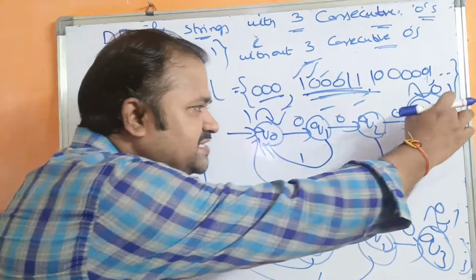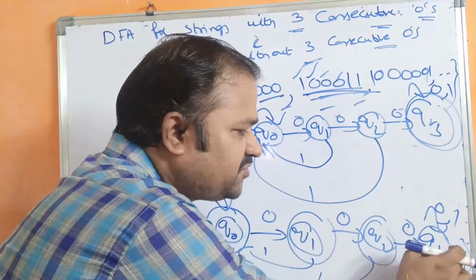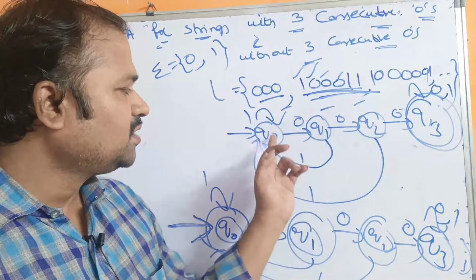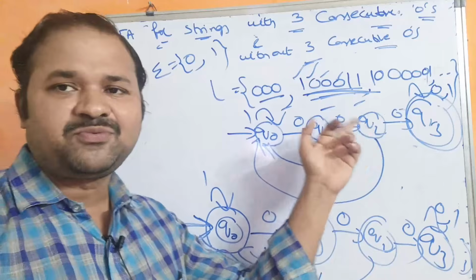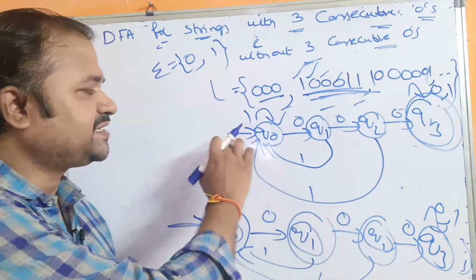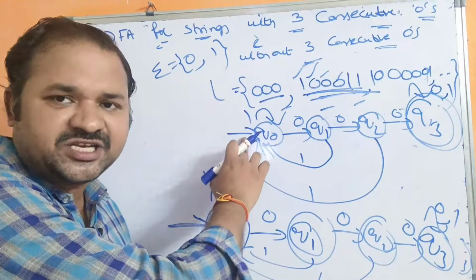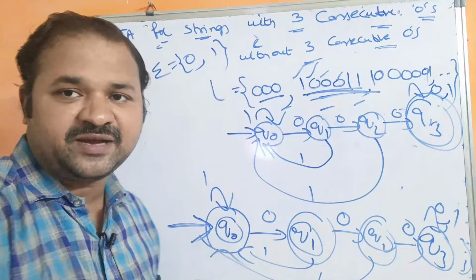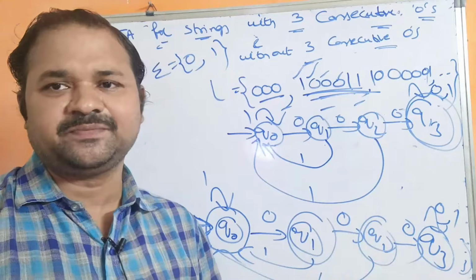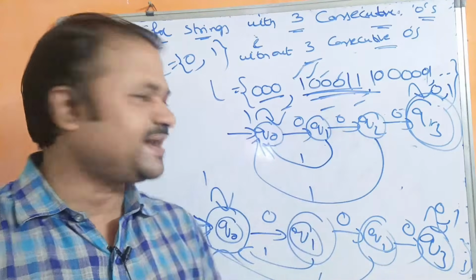Q3 is the final state, so that is converted to a non-final state, whereas Q0, Q1, Q2 are non-final states, so we convert them to final states. Q0 is the initial state here, so here also Q0 will become the initial state, and the remaining transitions are the same.